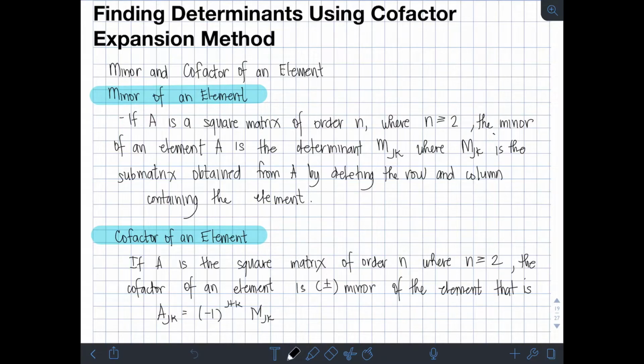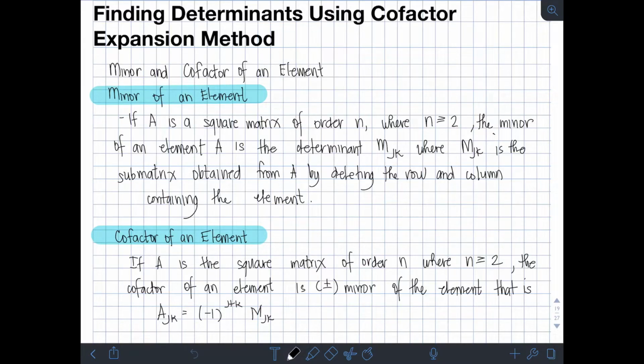So, sabi, minor of an element: if A is a square matrix of order n where n is greater than or equal to 2, the minor of an element a sub jk is the determinant of M sub jk, where M sub jk is the submatrix obtained from A by deleting the row and column containing the element.